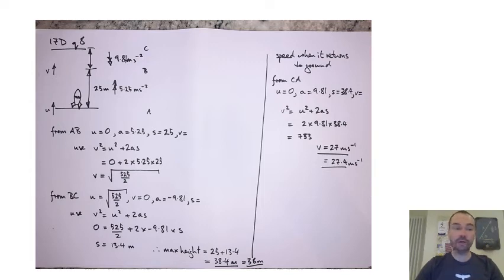Hopefully you know a good place to start might be a diagram. And in my diagram, I've nicely shown that for the first 25 meters, it's that acceleration, and for the next part of the journey, it's that.